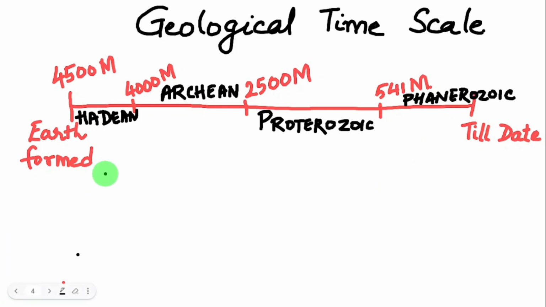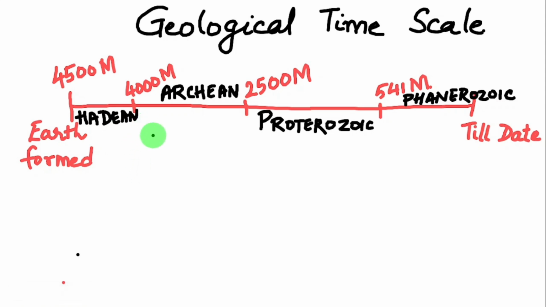So Hadean, this is the time when the conditions on Earth were like hell. There was no life at all, and the Earth was so hot because of volcanic eruptions. Then there was constant cosmic bombardment, lightning, and the temperature was very high. The atmosphere was reducing, so life was impossible during this time.